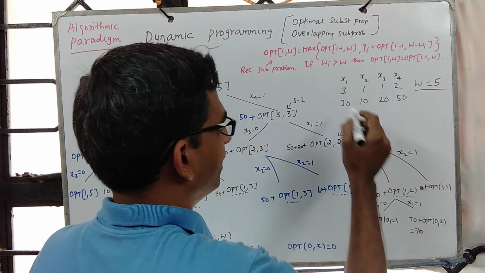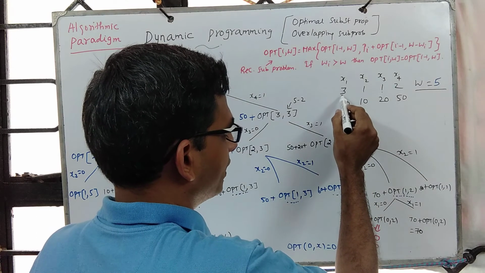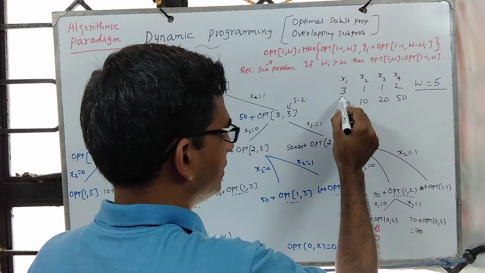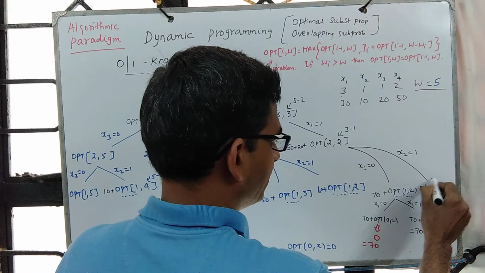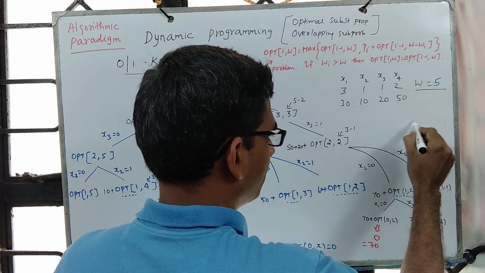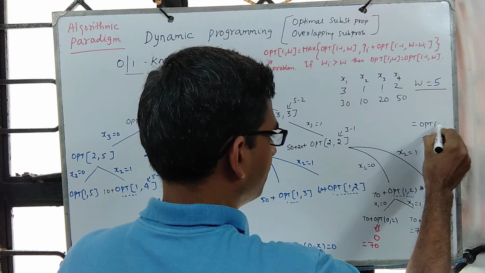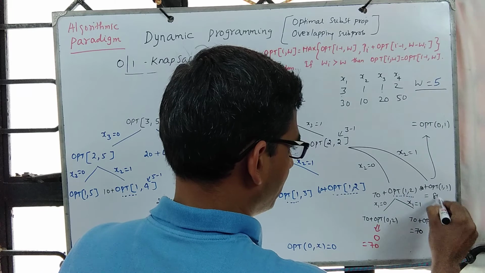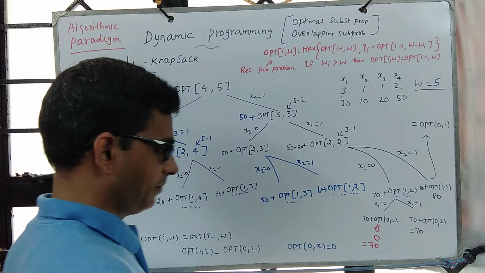Now opt of 1 comma 1. Again we know the capacity left is 1 and the weight of the first object is 3. So opt of 1 comma 1 is same as opt of 0 comma 1, so the value returned by this will be 80.